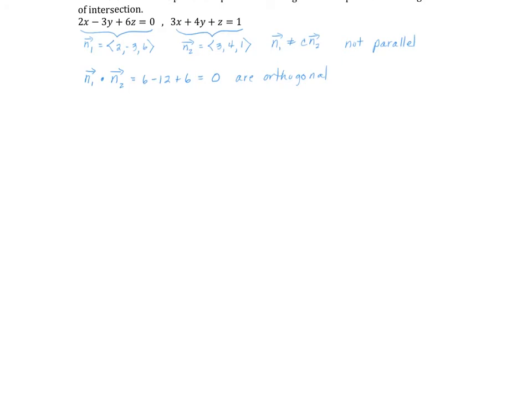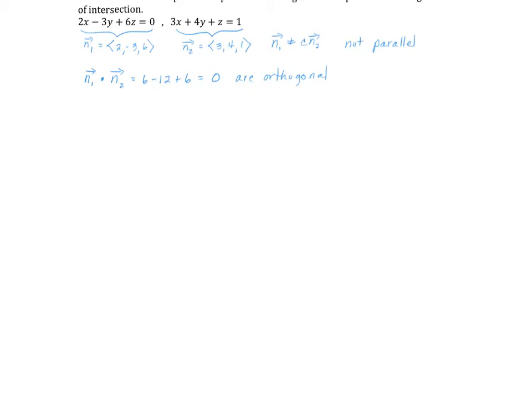So I want to find the line of intersection. Now when we usually try to figure out where two equations intersect, we set them equal to each other. The problem here is that I've got 3 variables, but only 2 equations, which means I probably can't solve. Now remember, we're trying to find the equation of a line in vector form, so we need a point and we need a normal vector.